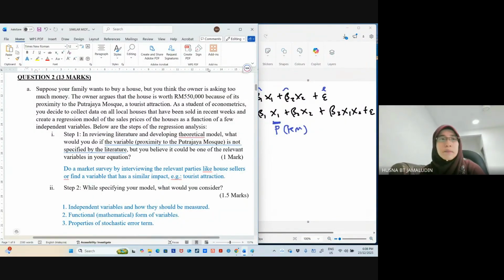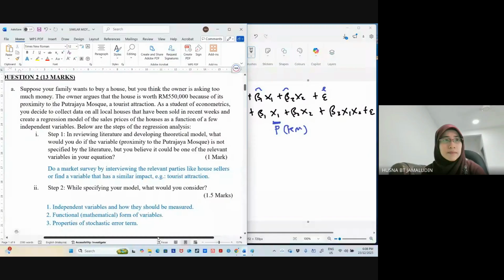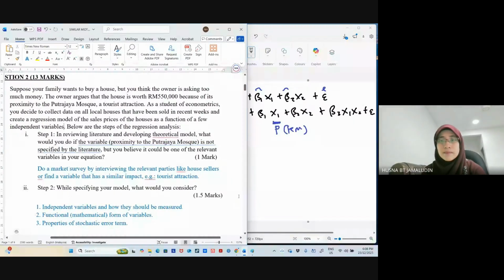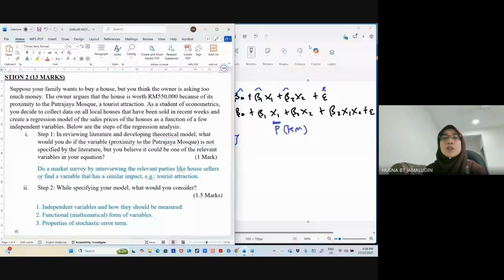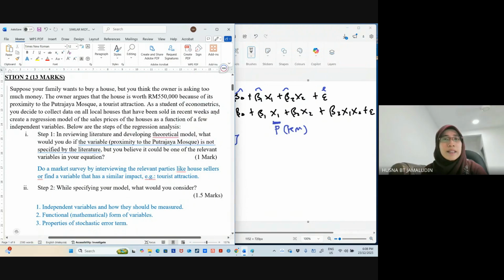So now, basically what is your dependent variable? Because you want to know what the independent variables are.